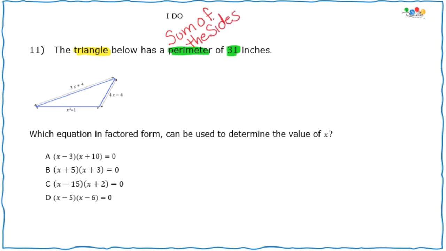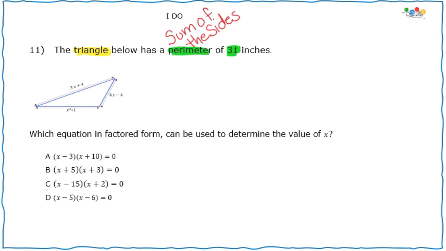Okay, so we're ready to go. Now, my triangle has three sides, but it has no values for the sides. It has what is called an expression, right? So the first side says 3x plus 4. So my sides over here, I need to add up all the three sides of the triangle, right?